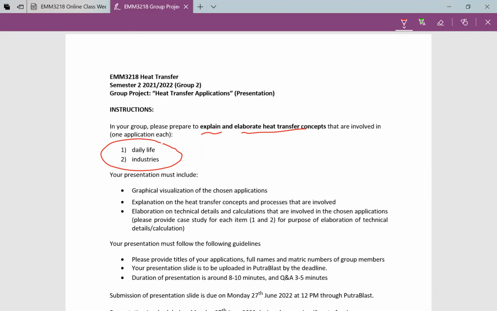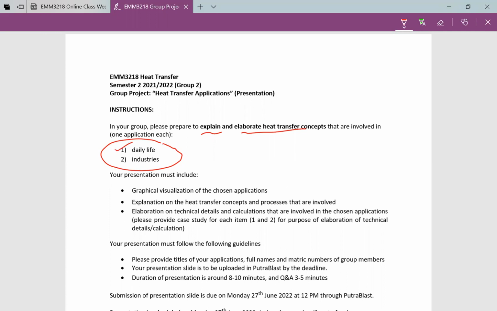Basically anything that you do on a daily basis or see every day in your surroundings. But when you explain, you want to relate it to the heat transfer concepts and be able to elaborate how that daily life application is related to what you have learned. So that's number one.